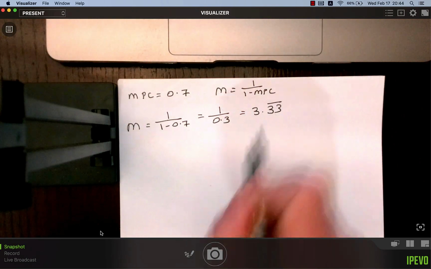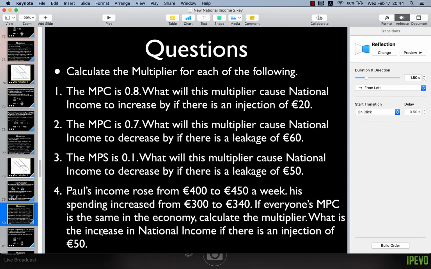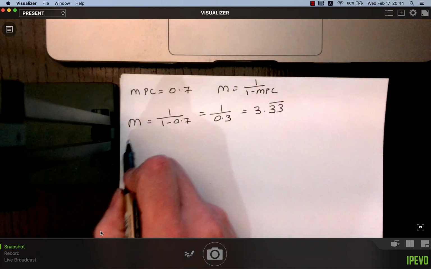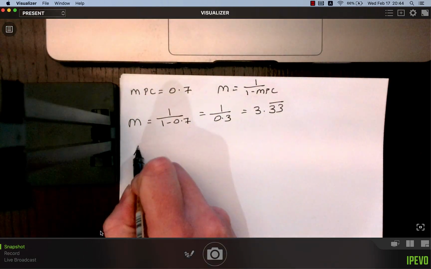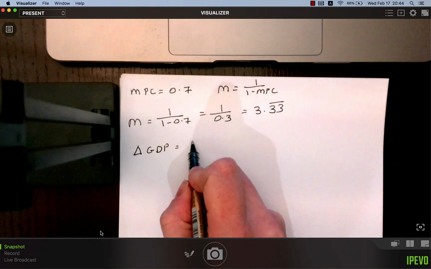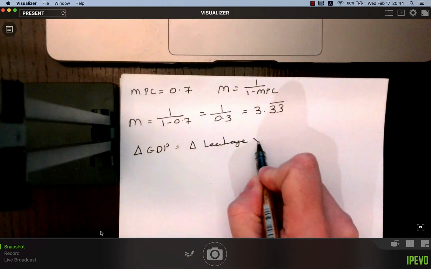Okay, now the next thing it asks is how much will national income decrease by, or more accurately, how much will it not rise by, if there's a leakage of 60. What I've done here is say that the change in GDP equals the change in the leakage multiplied by the multiplier.